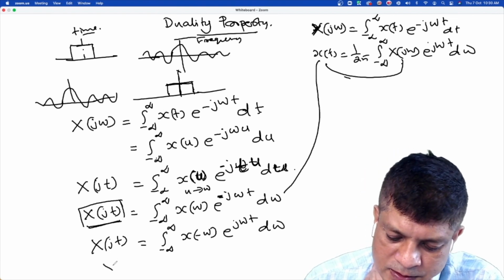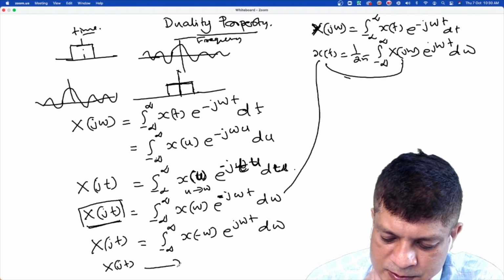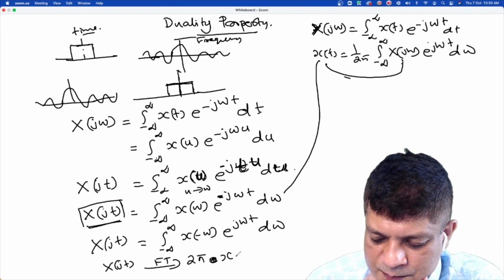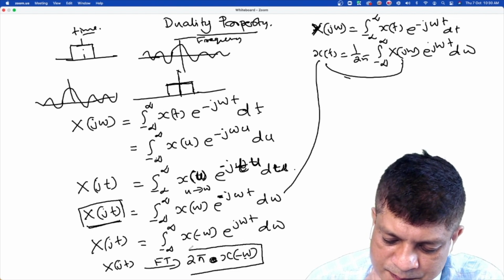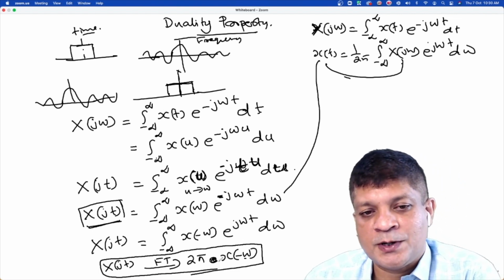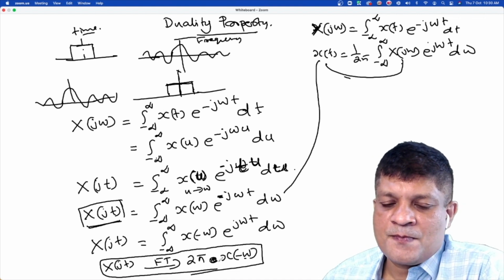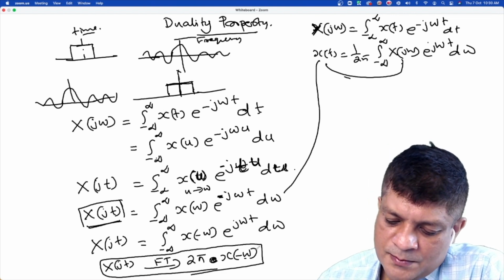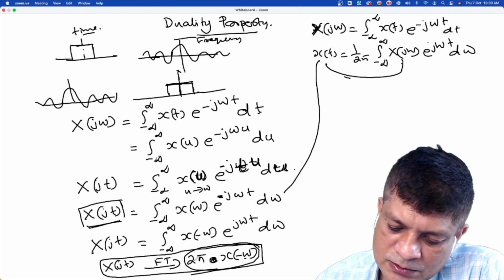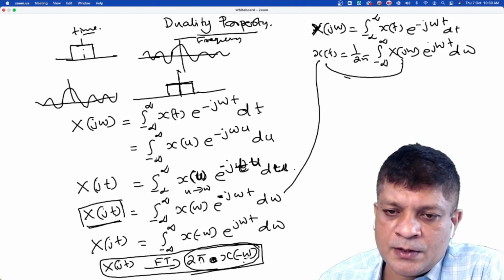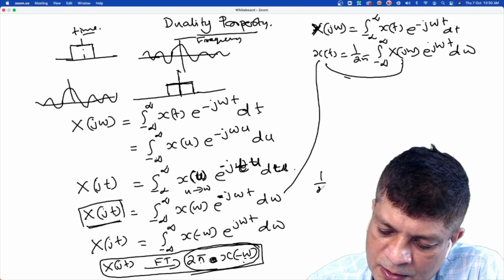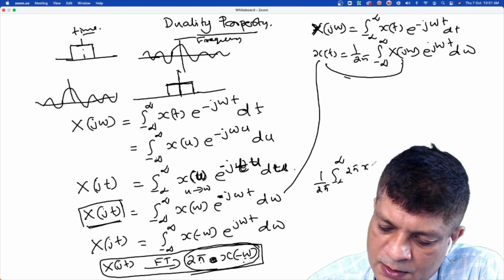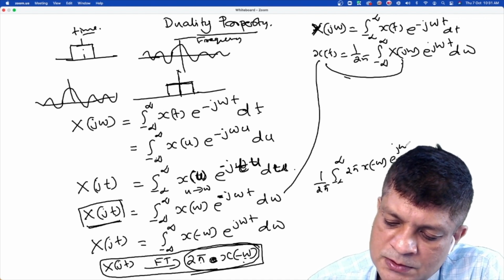Because if the Fourier transform is 2 pi into X of minus omega, the inverse Fourier transform is 1 upon 2 pi times the integral from minus infinity to infinity of 2 pi X of minus omega e to the power j omega t d omega.